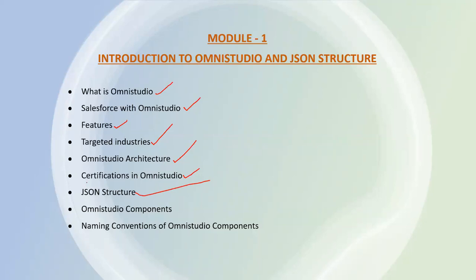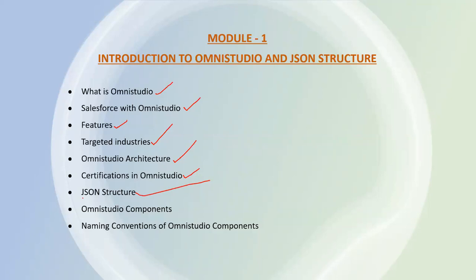But I want to cover JSON structure as well, because if you don't understand JSON structure, you will not understand any topic in the OmniStudio course. That is the reason I have added an additional course content, which is JSON structure. We will be seeing JSON structure in detail. You might know some JSON structures which we use in Salesforce to hit third-party applications, right?